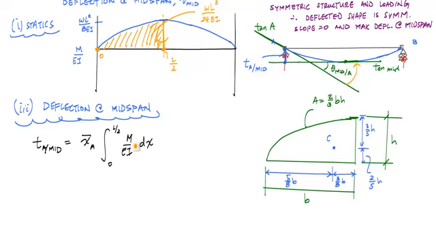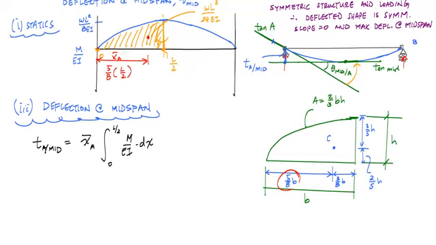The arm is the distance from point A to the centroid of the area, which is right about here. And this distance, according to our chart, is 5/8 B, and B is the same as L over 2. So this is 5/8 times L over 2, which represents x bar A.